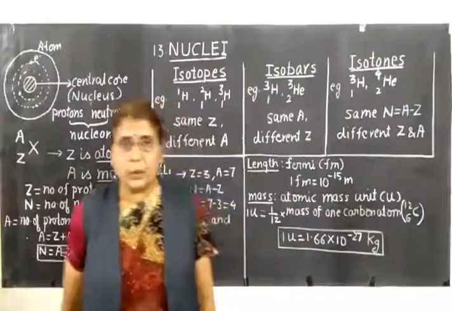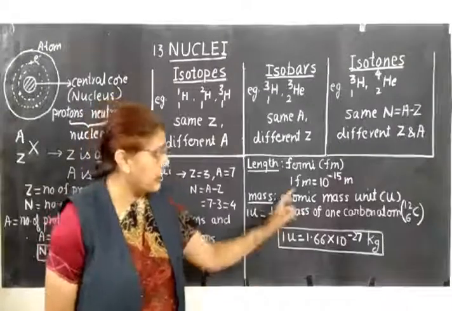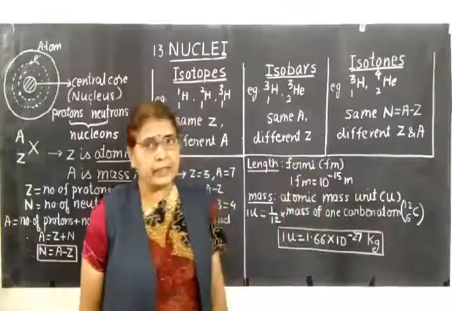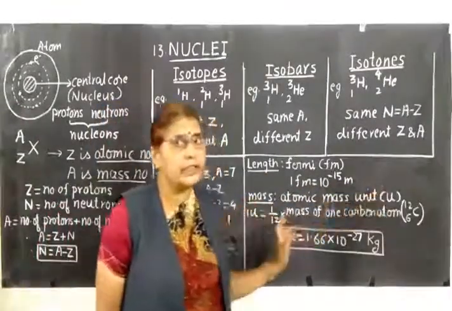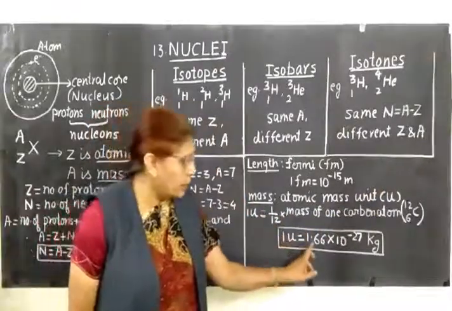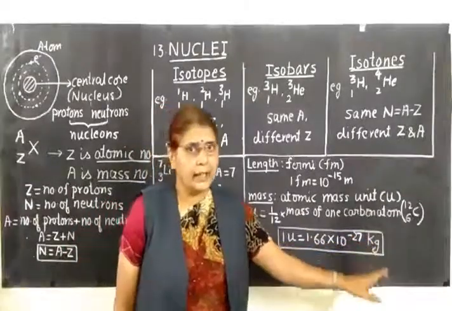Then we have defined two smaller units for length and mass. The unit of length we have taken as Fermi. 1 Fermi is 10 raised to minus 15 meters, and the unit of mass we write it as atomic mass unit denoted as U, and the relation between U and kg is 1 U is 1.66 into 10 raised to minus 27 kg.